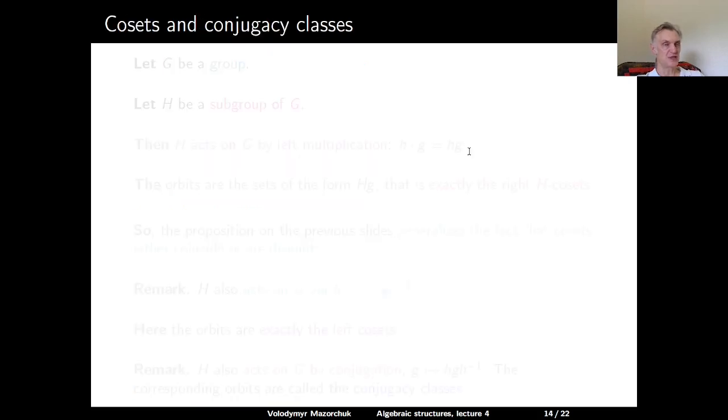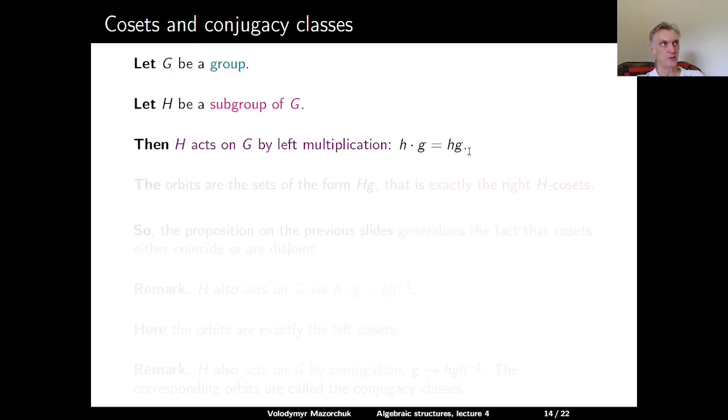Here is a special case. We can compare this to something which we have already seen in this course. So let G be a group and H a subgroup of G. Then the subgroup H acts on G by left multiplication. So h applied to g gives us hg. And the orbits of this action are exactly the sets of the form the whole subgroup times the element g.